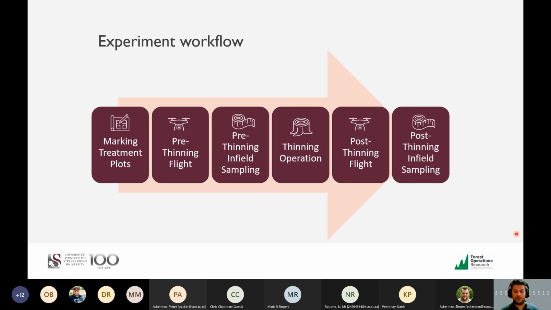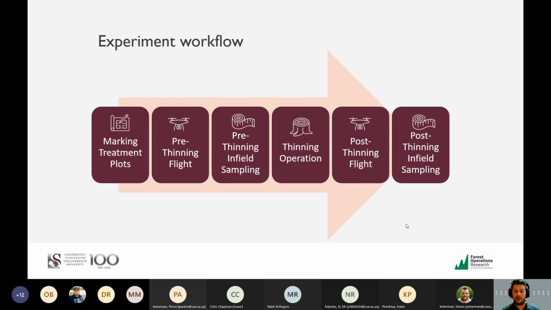Next, the marked plots were thinned. The thinnings took place with a Ponsse Beaver harvester, and 2 thinning treatments were applied to these plots.